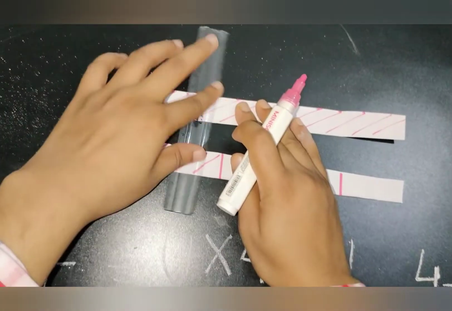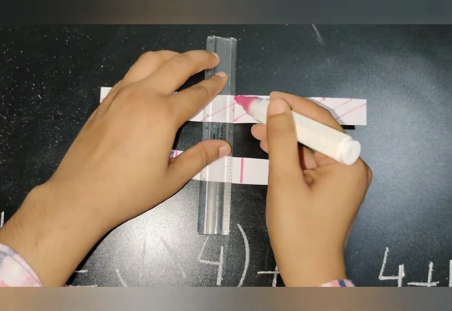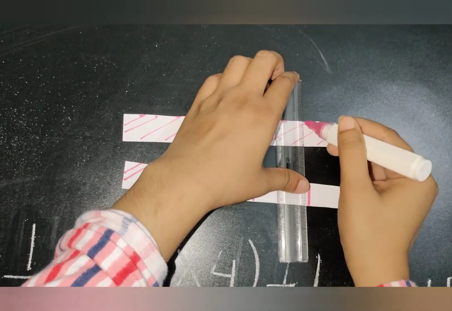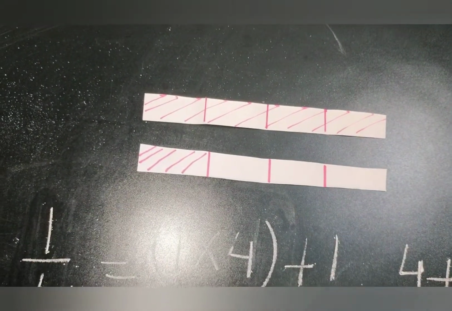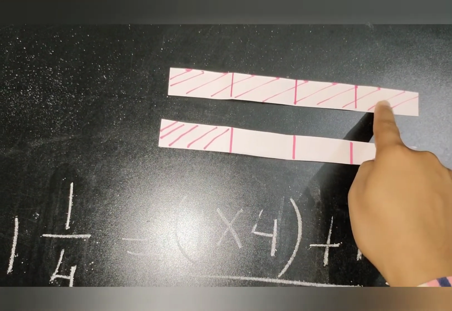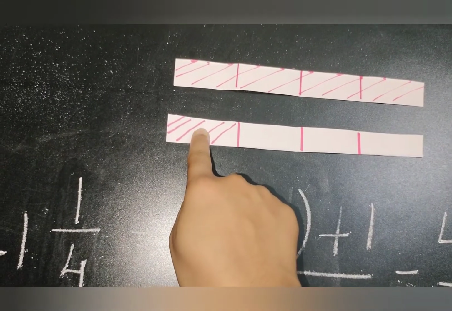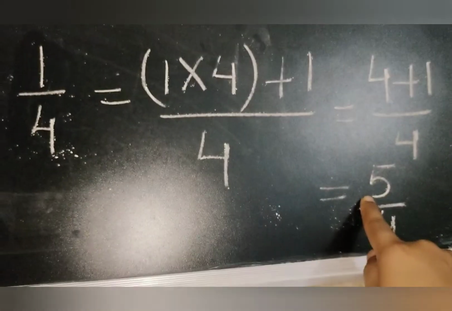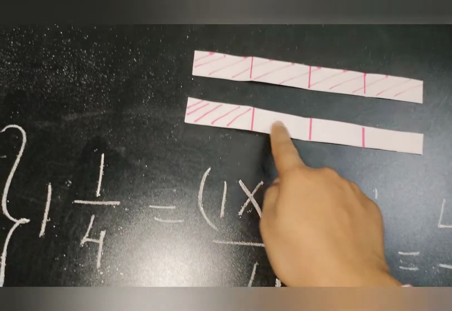Just make it 1, 2, 3 and 4. So 1, 2, 3, 4. 4 shaded parts over there and 1 here. So in total we have got 5. You may also find here 5 parts out of 4 parts.